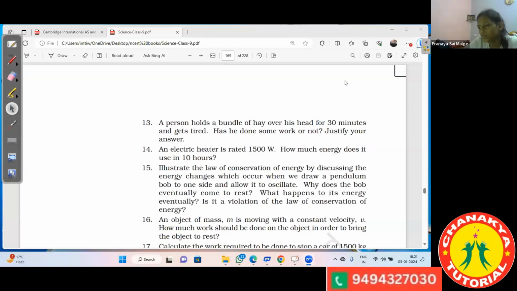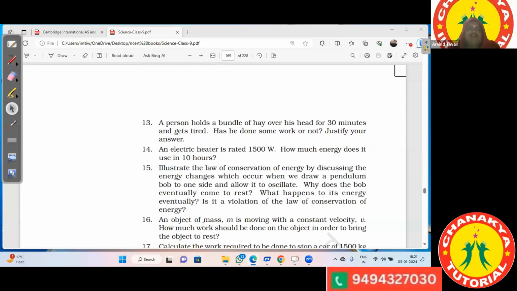15,000 watts. How much? 15,000 watts or 15 kilowatt per hour. No, you have to compute the energy, and power is given, time is given. Yes, sir. So 1500 into 10 because 10 hours is given, and power is equal to work divided by time.